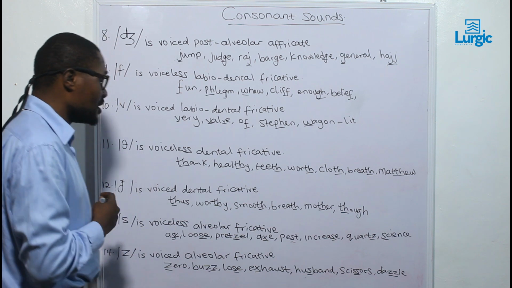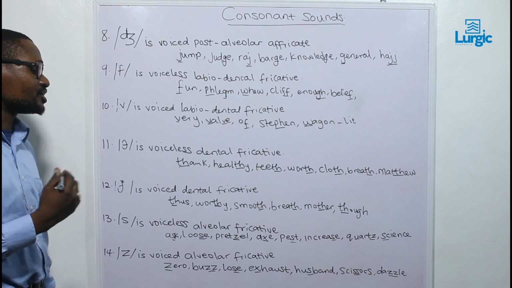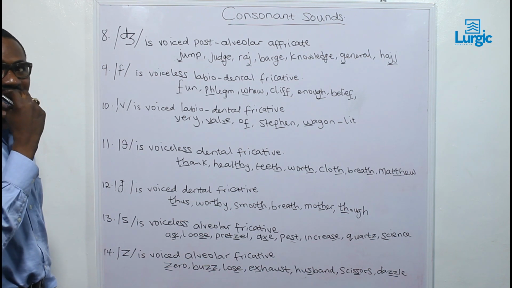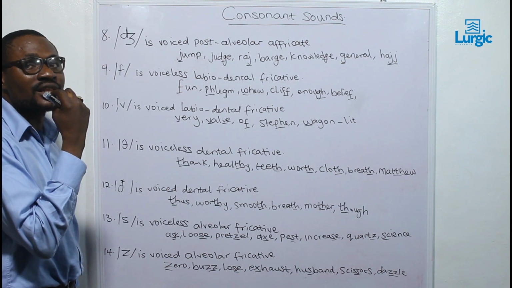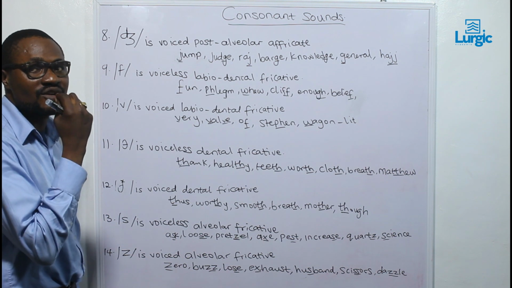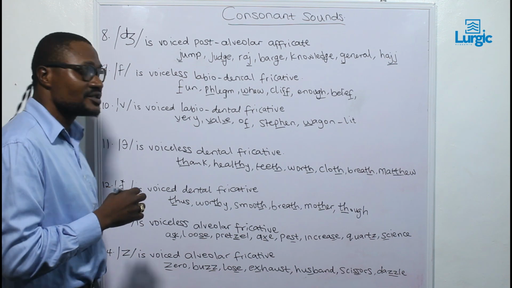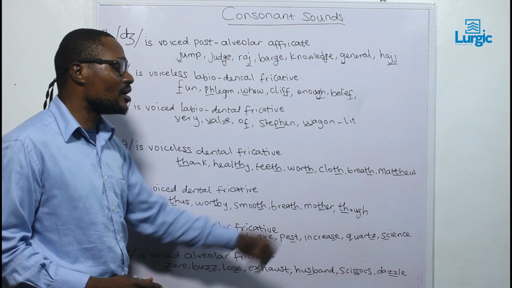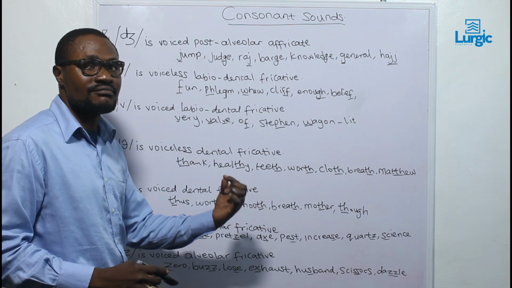Now listen to me. While pronouncing this sound, it's also mostly patterned with words ending on th. So the tongue is in between the upper and the lower teeth. As in think, healthy, teeth, wolf, clothe, breathe, Matthew.